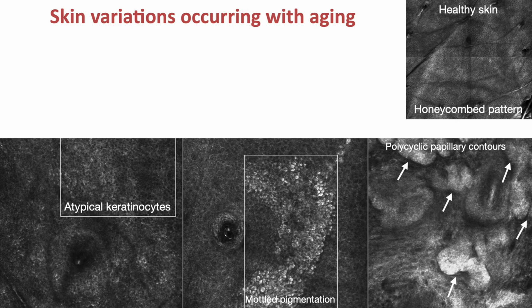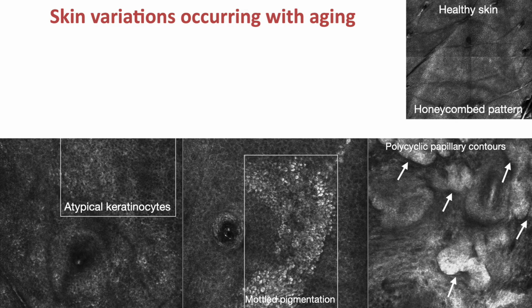But some variations can be represented by these atypical keratinocytes, which are as a matter of fact keratinocytes with different shapes and size, or another variation at epidermal level can be represented by the mottled pigmentation, which corresponds to the presence of pigmented keratinocytes that can be observed in the skin.